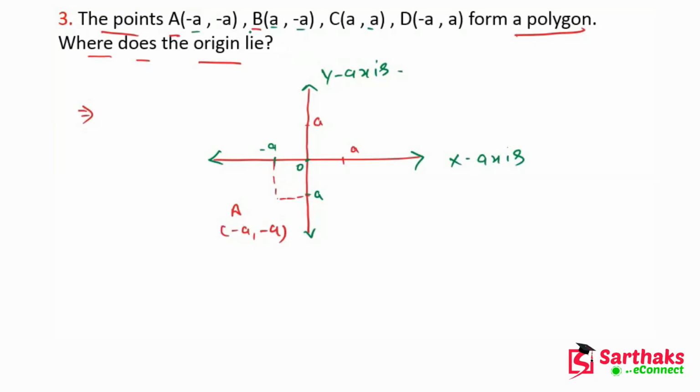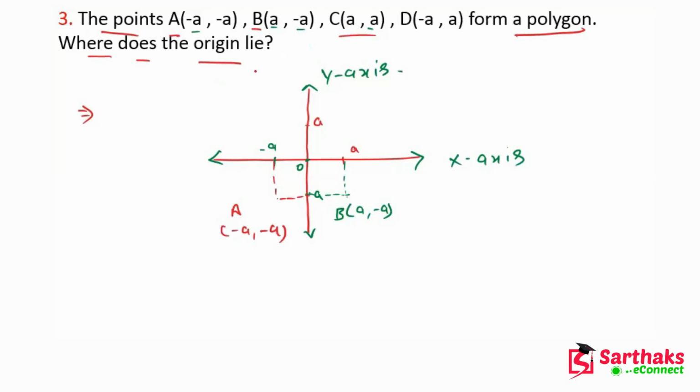Point B lies in the fourth quadrant, because the x coordinate is positive and the y coordinate is negative. So it lies approximately here. This point B is (a, -a).